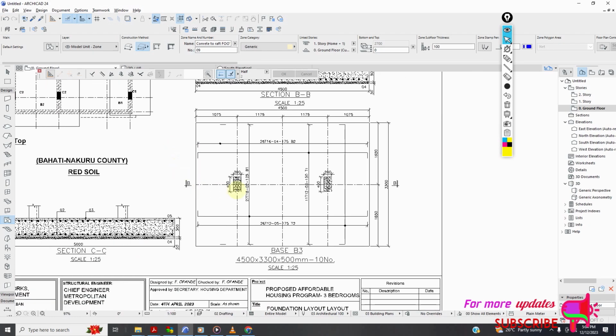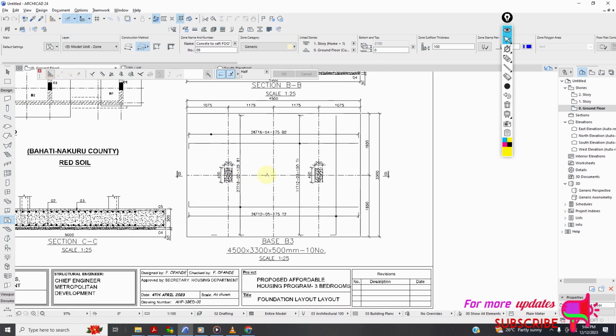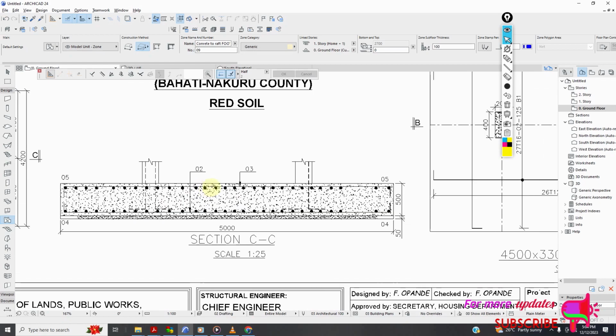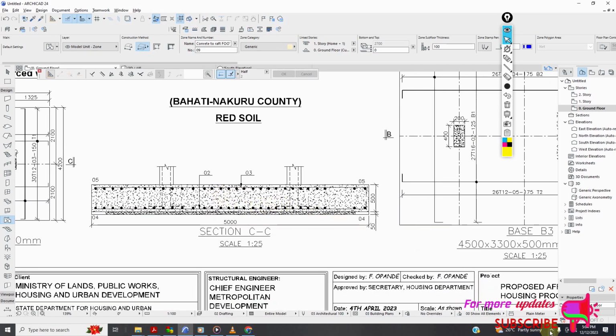So I want us to determine the quantity of steel that is going to be used in this combined footing, which you can see clearly has both top and bottom rebars.